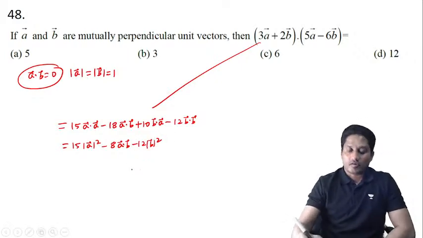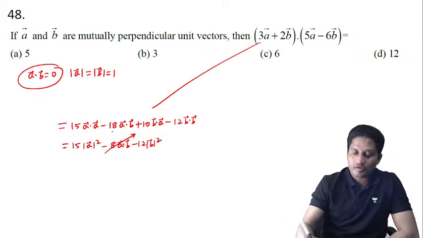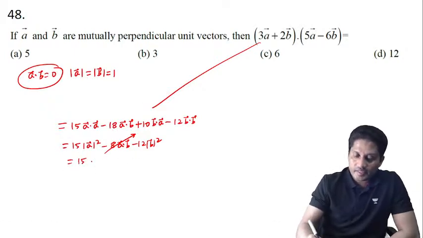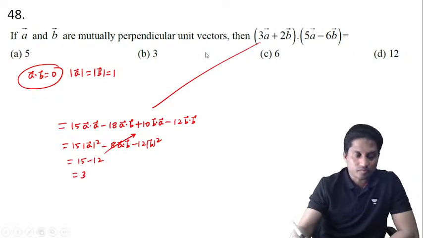A dot B is 0, right? So here itself it is 0, or you can make the first step only 0. So this is 15 minus 12 because mod A and mod B are 1. Answer is plus 3.